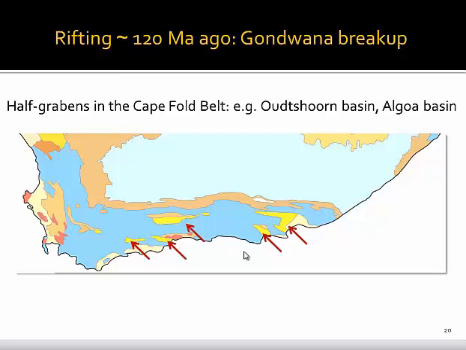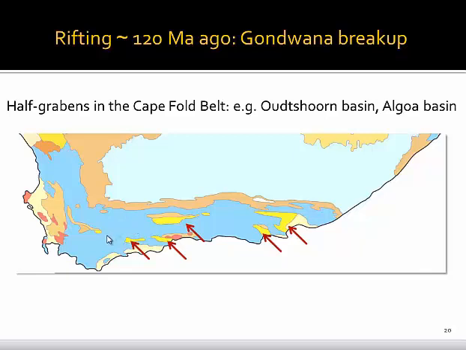So these extensional basins have formed during Gondwana breakup 120, 130 million years ago. And this is the last stage of the Cape evolution, of the Cape Fault Belt. This was starting with the deposition of the Cape Supergroup in a back arc basin, in an extensional basin in the back arc.